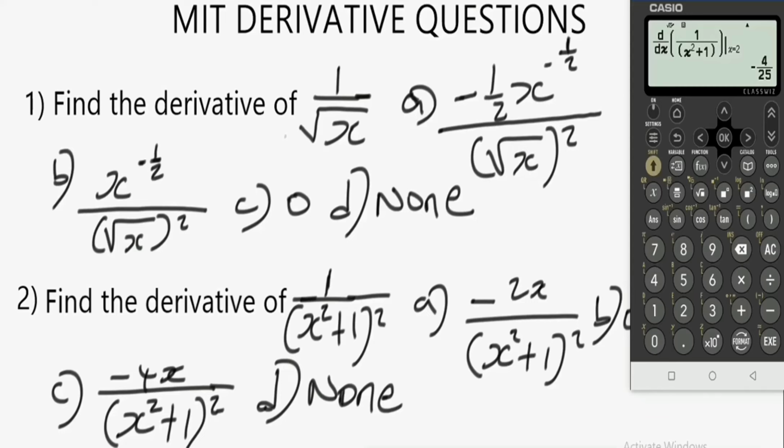So let's simplify option A. You press this AC button. So option A, we have in fraction minus 2x, shift and this button, over in bracket, we have x, shift this button, square plus 1, close the bracket, put the square.